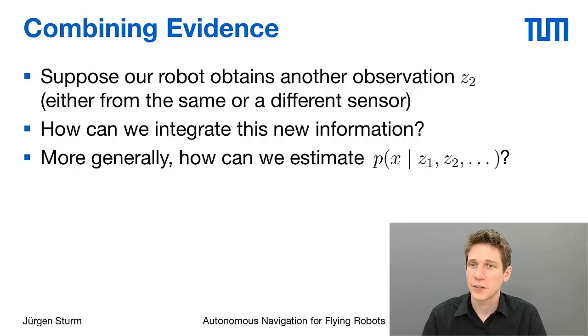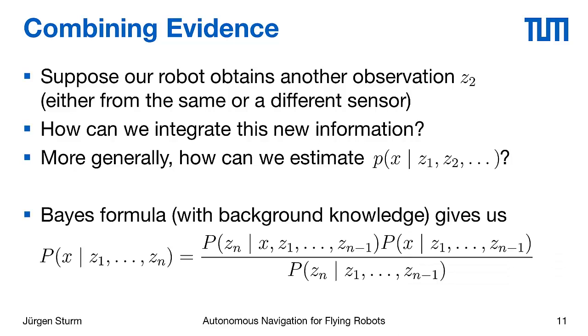And then the question is, how can we integrate this new information in our estimate of the world state? More generally, how can we estimate the probability of which world state we are in, given that we made a sequence of observations Z1 to Zn with our sensors?